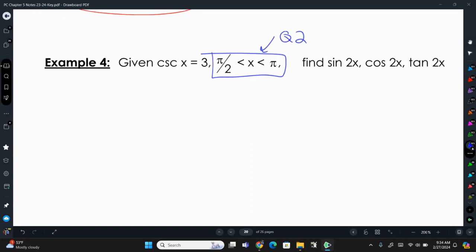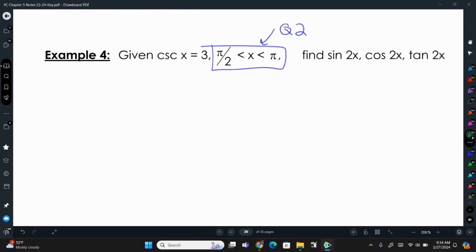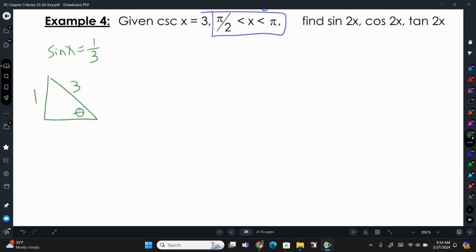And if cosecant of x is 3, that means sine of x is 1 over 3. So if we draw that triangle, we have 1 as the opposite side and 3 as our hypotenuse.